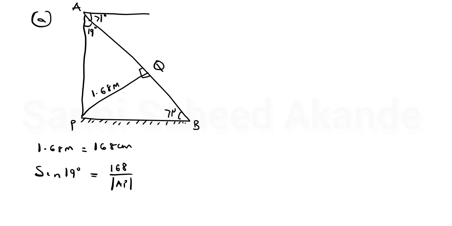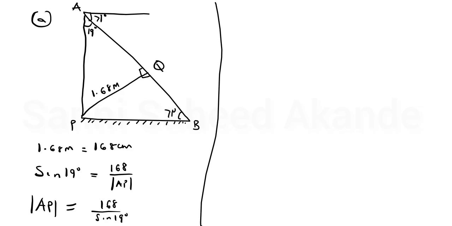All right, so when you make AP the subject of the formula, you have AP equal to 168 divided by sine 19 degrees. So let's continue. AP now will be equal to 168 divided by sine 19 degrees, which is 0.3255.